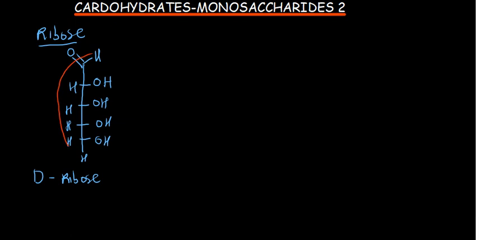This one has 5 carbons. If I say the second from last carbon, that will be carbon number what? Anyone to say? It has 5 carbons. So if I say second from last carbon, that will be carbon number what?